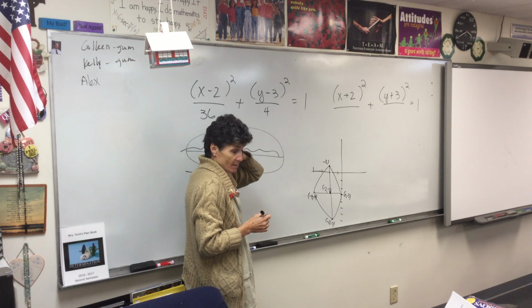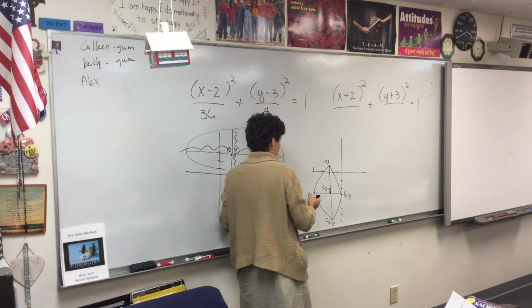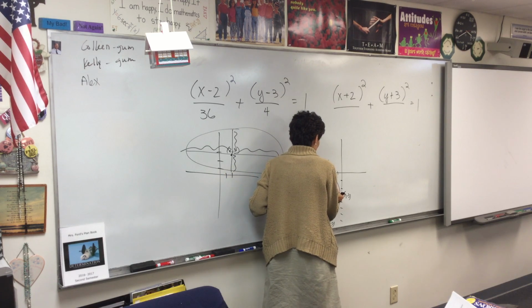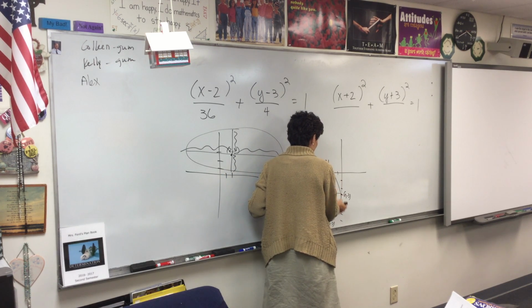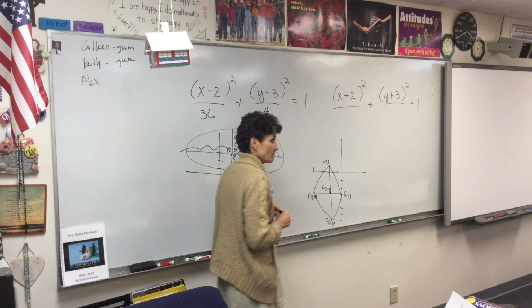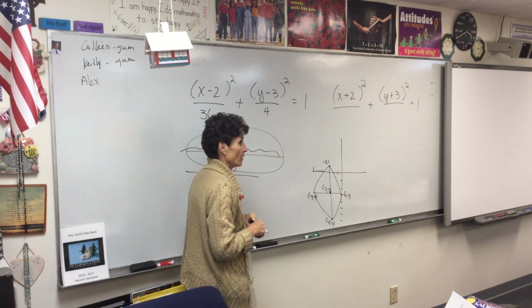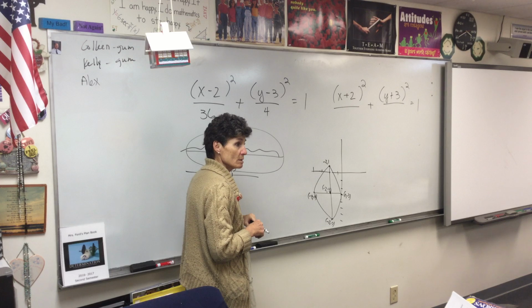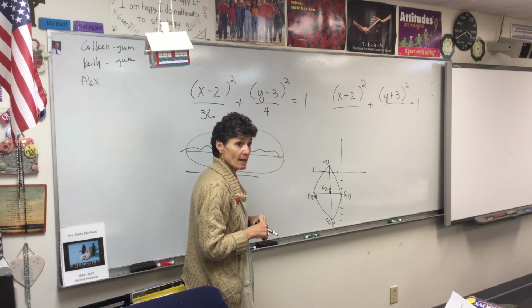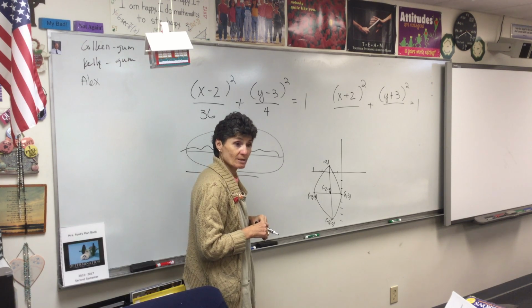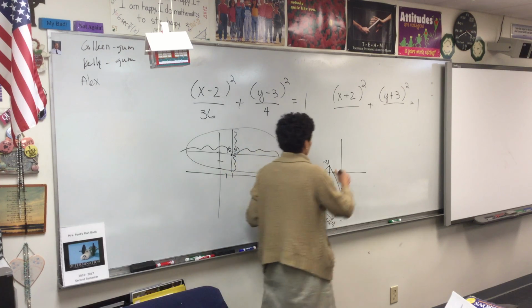All right? Now, what about the denominators? Well, how far up and down am I going? You'll have to do some counting there. Going up and down 4. So that means there's going to be a 16. And where's that 16 going to go? Under the y.